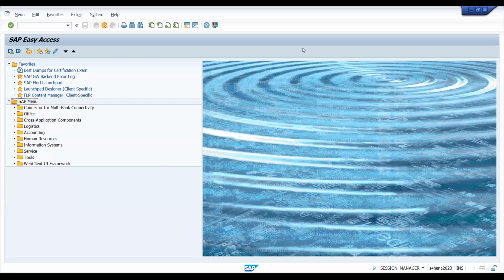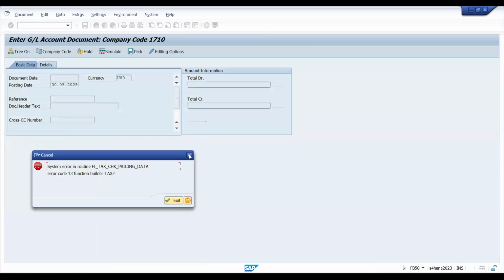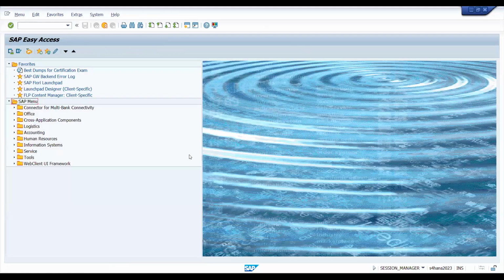The database we will not be able to see, right? Because it is at the backend, so we cannot see the database. But whatever transaction I'm opening or whatever entry I'm posting here, like I'm posting some accounting entry here, whatever entry I'm posting gets posted to a particular company, and the data is getting stored in the database.